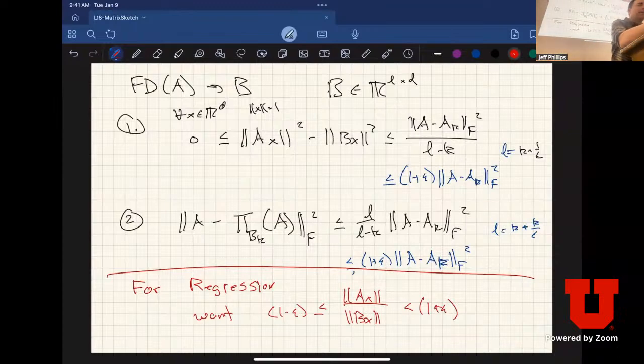Okay, so this does not hold for frequent directions. We'll see another approach soon where this sort of bound holds.